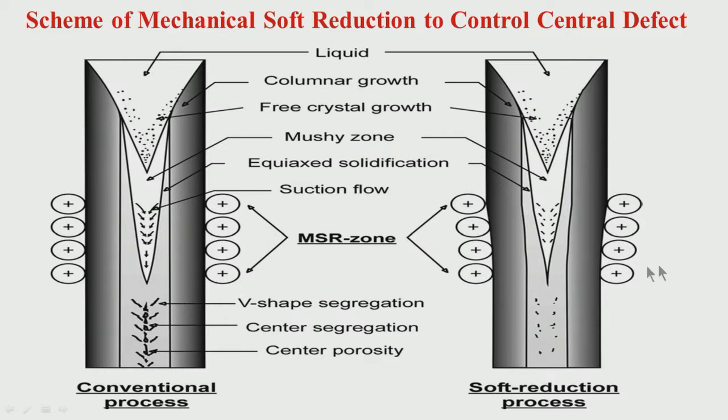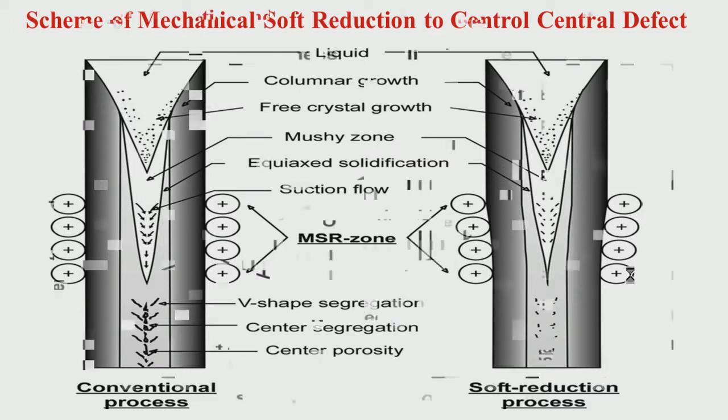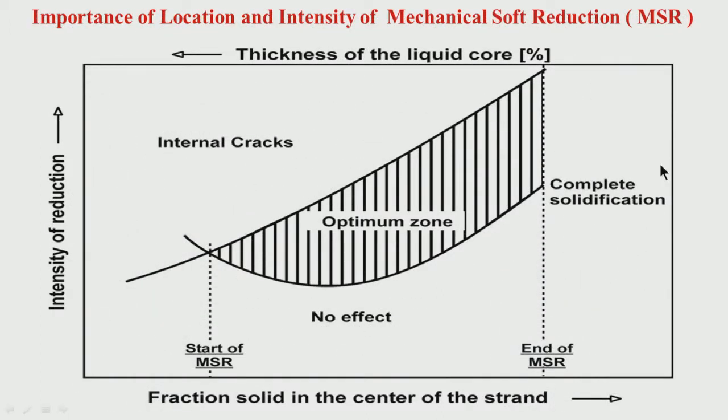So, the intensity is coming to an end at this point. The level of intensity is increasing and then finally coming to an end when the solidification is complete. Beyond that you do not put any mechanical soft reduction.